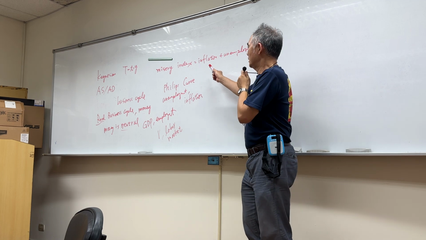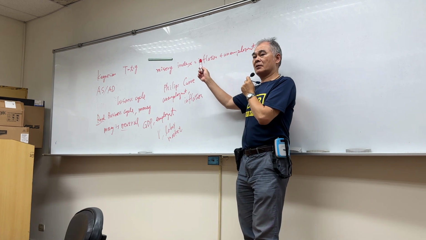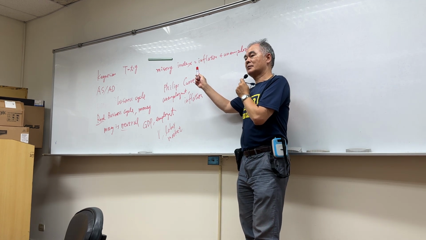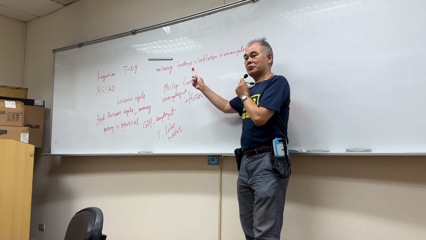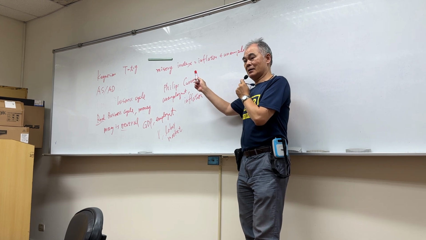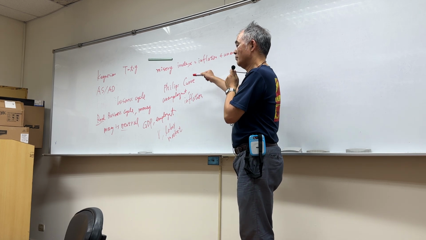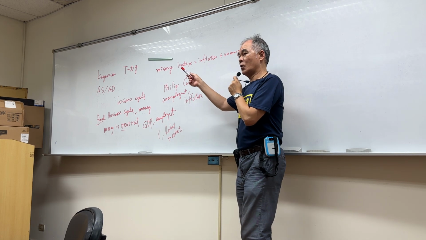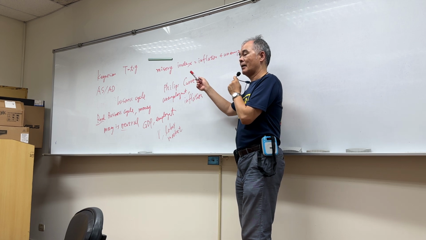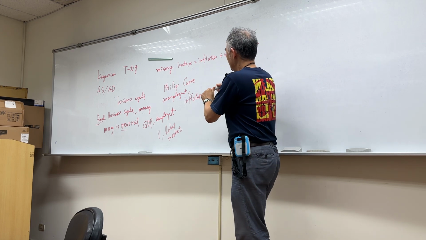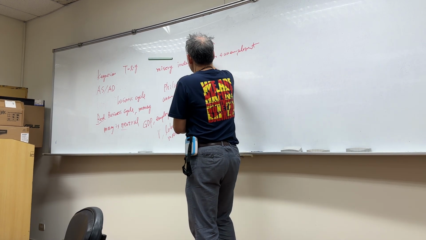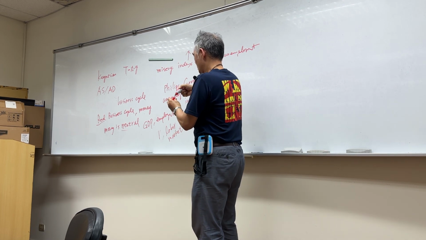But as in the first question of the midterm, Keynes believed deflation is worse than inflation, right? Inflation means goods become more expensive. So in this case, if inflation goes up, the misery index goes up.